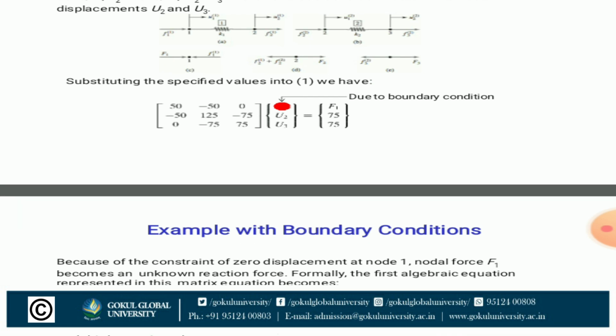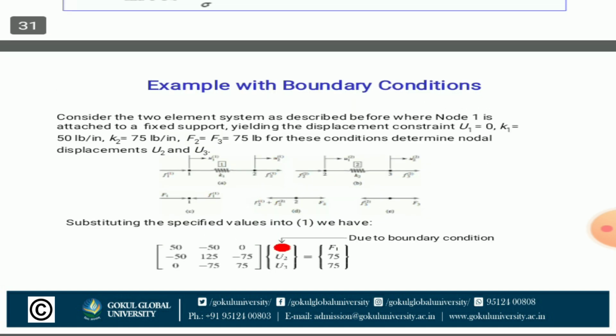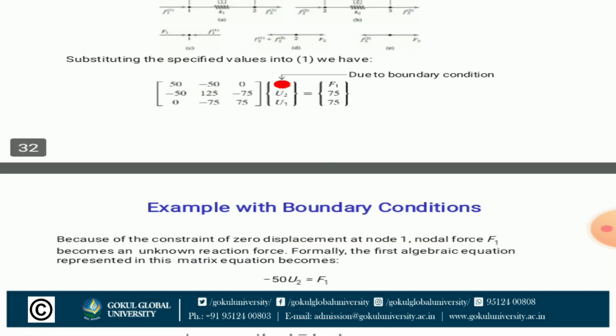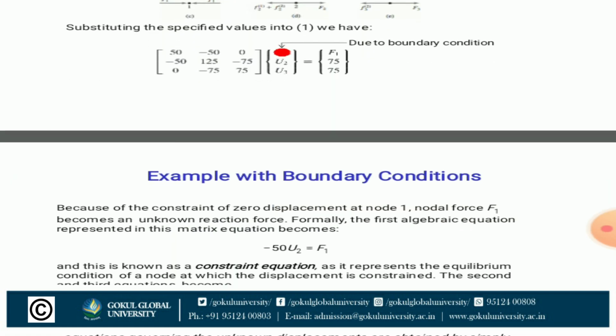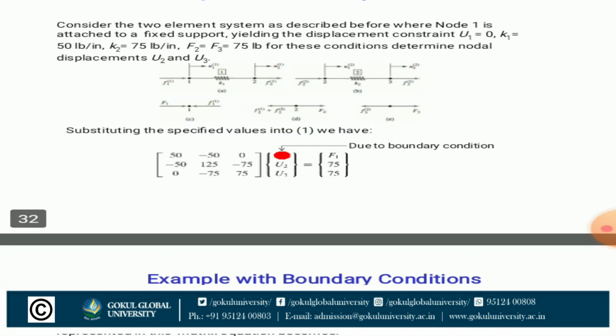Substituting all these specified values in the equation, there are mainly three approaches available for solving this problem: the penalty approach, the elimination approach, and another approach. We calculate some values and finally get the overall stiffness matrix equation shown in the figure.